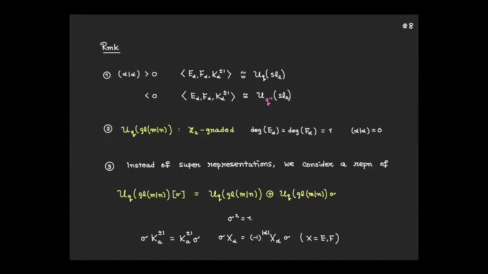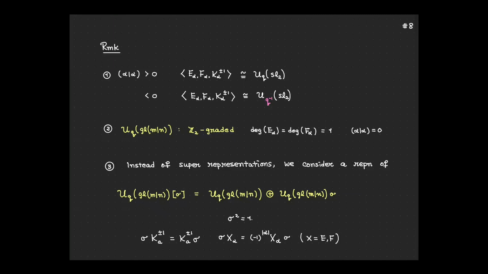Instead of a super representation, we can equivalently think of a representation of a certain twisted group algebra of our U_q(gl(m|n)). So we consider the order 2 abelian group generated by sigma, and then we consider the twisted group algebra with coefficients from U_q(gl(m|n)). Then the relations are given by this.